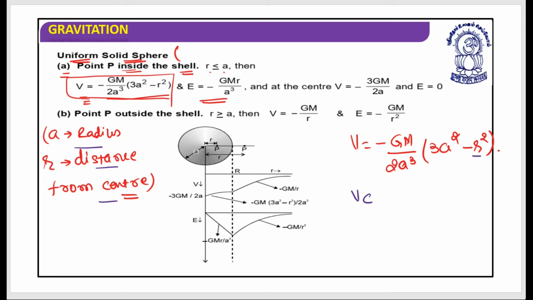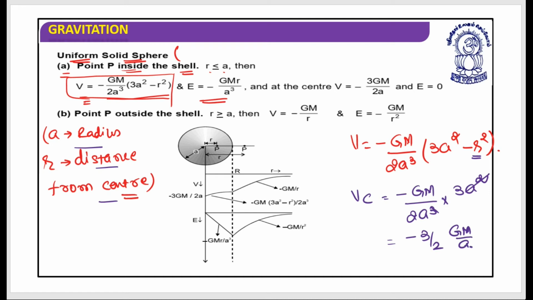Then r is equal to 0, and this is equal to minus GM by 2a cube multiplied by 3a square. This a square and that a square cancel, so I am left with only one power of a. It is minus 3 by 2 GM by a.